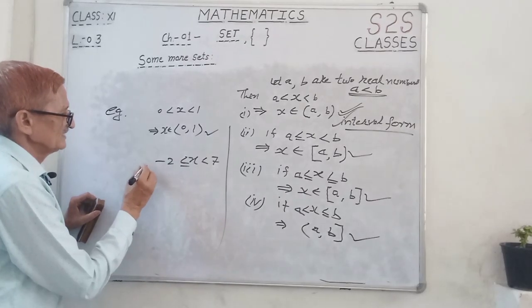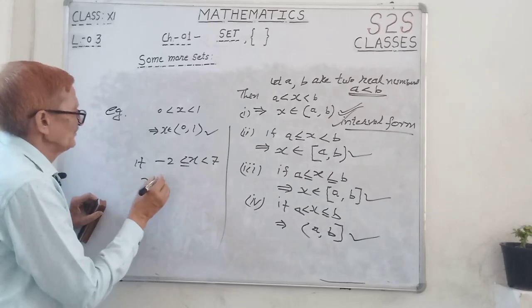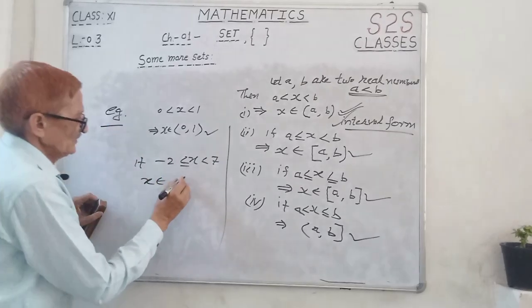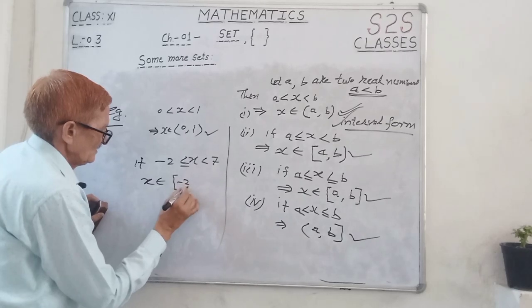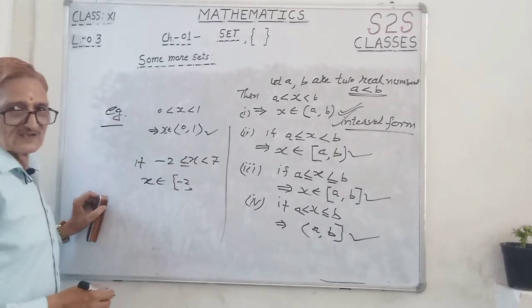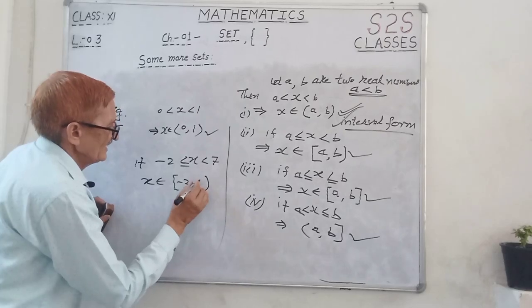If you want to write x greater than or equal to minus 2 and less than 7, all real numbers between minus 2, included, and less than 7, then x belongs to what? Closed at minus 2 and open at 7, all the real numbers up to near 7.